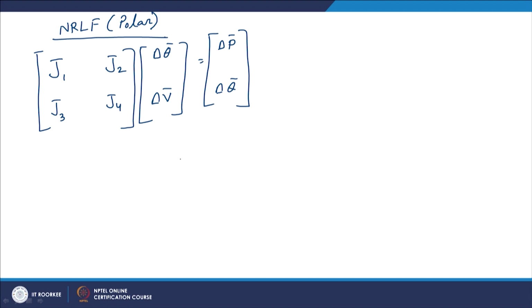Now, what is J1? J1, we know, is del P by del theta. We have already defined what is meant by del P by del theta.